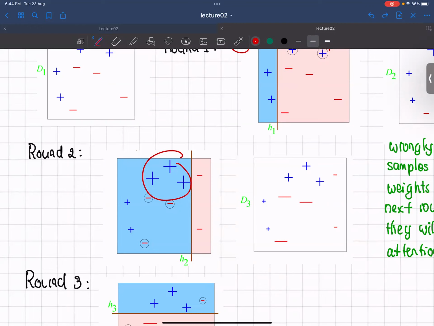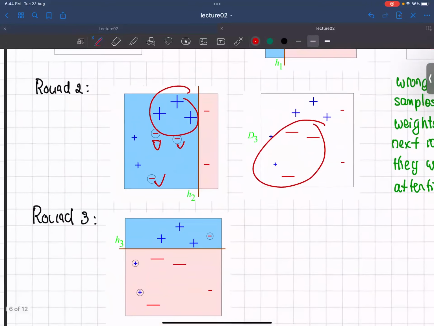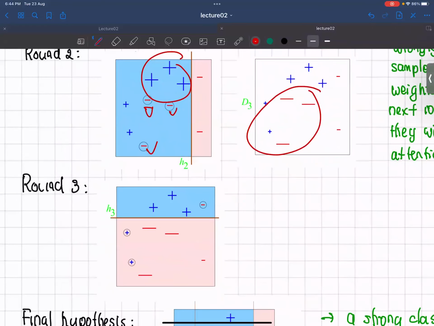Now there will be some errors as well, because this one now becomes wrongly classified. So we increase the weight of the wrongly classified samples, and by focusing on them, we get H3, H4, and so on.